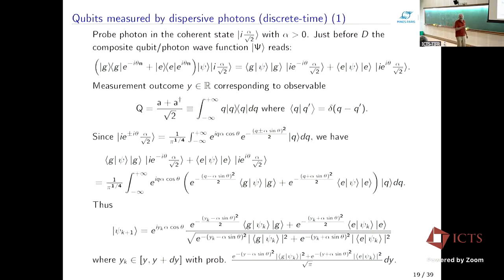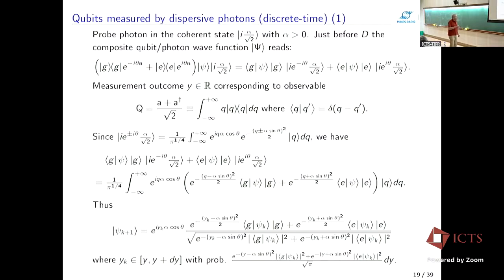And then, when the outcome is Q, you have to apply this operator on the left and on the right of psi, which gives you the measurement back action, of course.